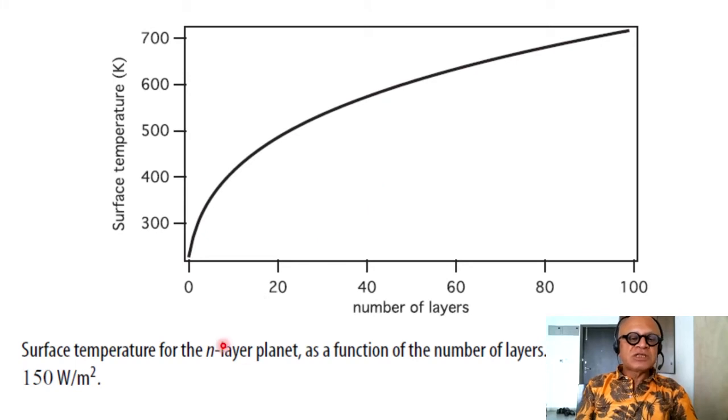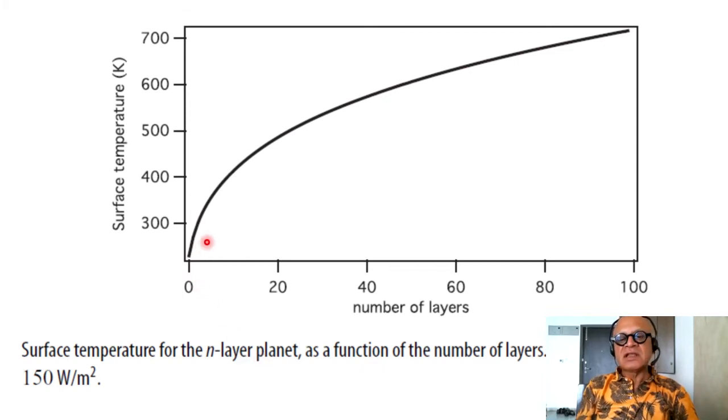So essentially, surface temperature of the n layer planet as a function of the number of layers. Still, we have the net amount of energy received is what's coming at the top of the atmosphere minus the albedo, and we are distributing it on the sphere, so you have to divide by 4 pi r squared. So that's where the 4 comes from, as you remember.